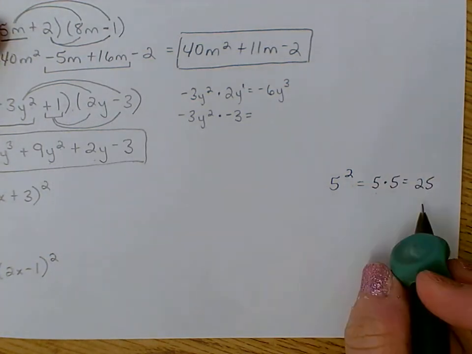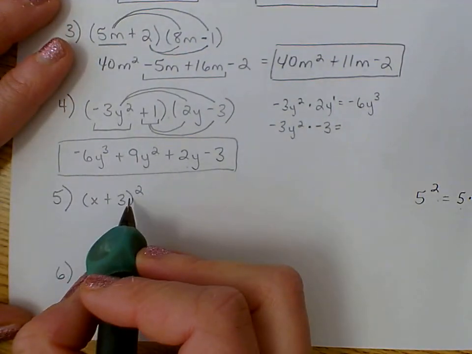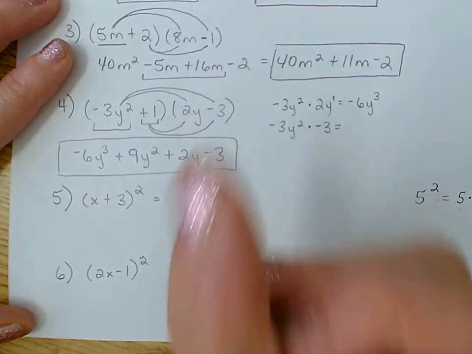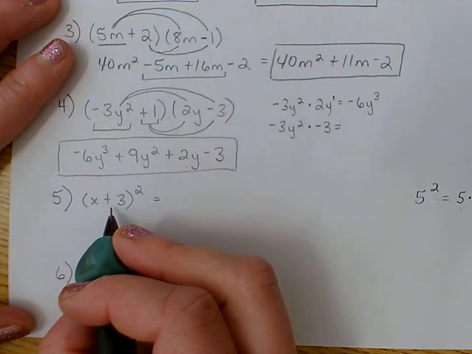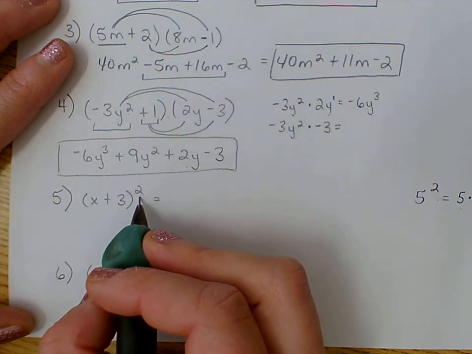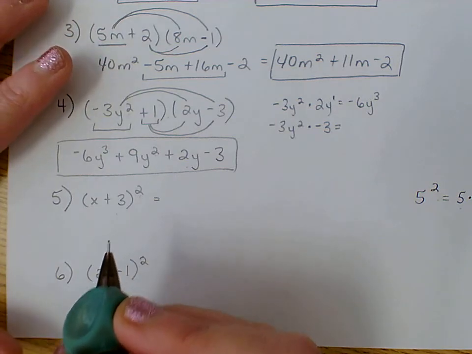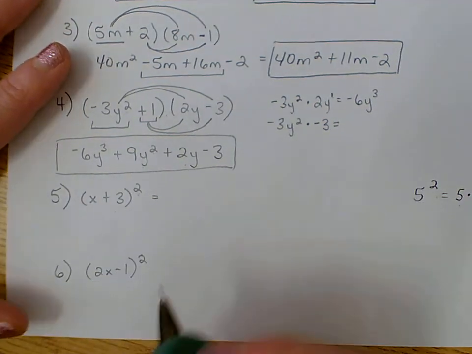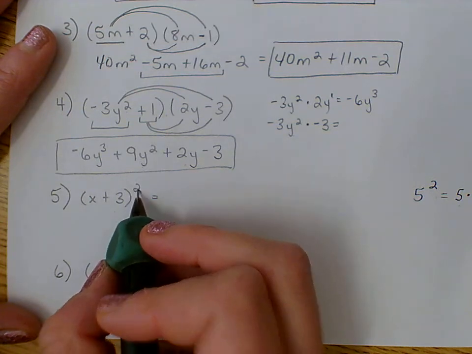And so think about that in relation to this. If you have something squared, what this actually means is you are taking this times itself that many times, okay? If you just distribute that square, you're going to make a mistake because that's not actually how it works, okay? And so you actually have to write it out when you see something like this.